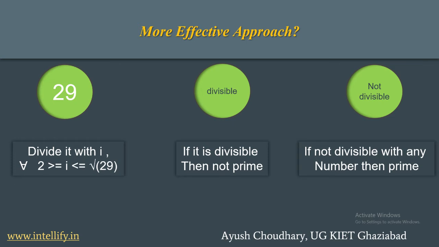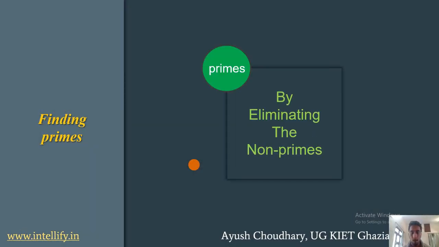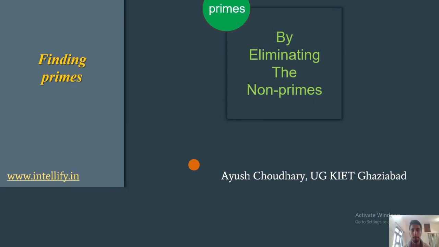The same thing: if it is divisible by any number in between, it will not be a prime number. If it is not divisible, it will be a prime number. And the way we will be doing it is eliminating all the non-prime numbers in between. We will see how we'll do that.